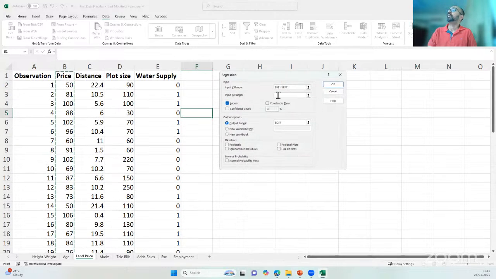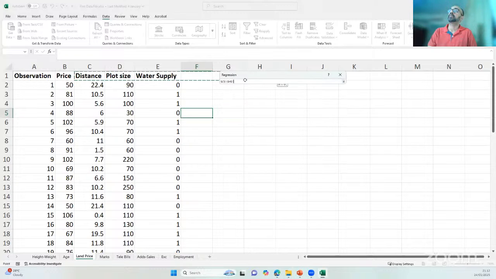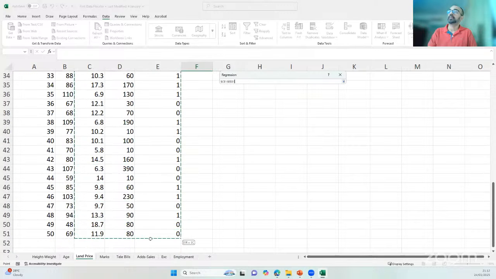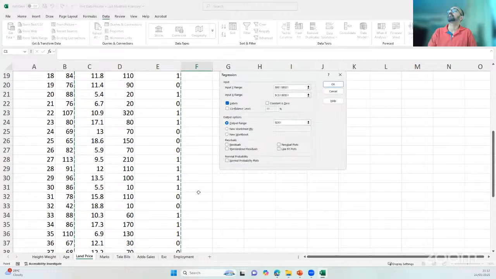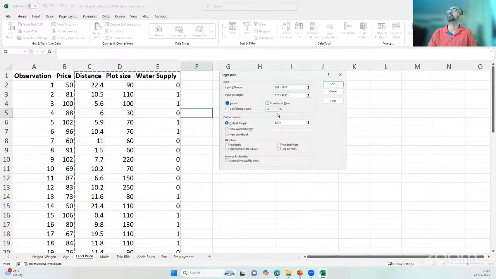For x, I can't give variables separately, so I have to give the complete range. Therefore I select from here and include all three columns.